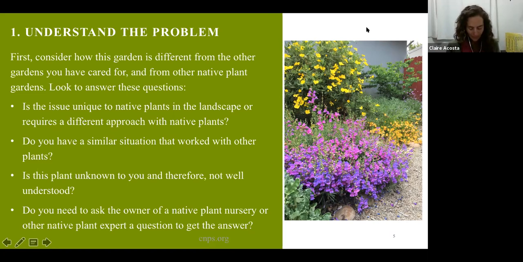The next issue I had in my notes was replanting as a specific issue with natives. This could be replanting replacement plants, or relocating, or anything like that.